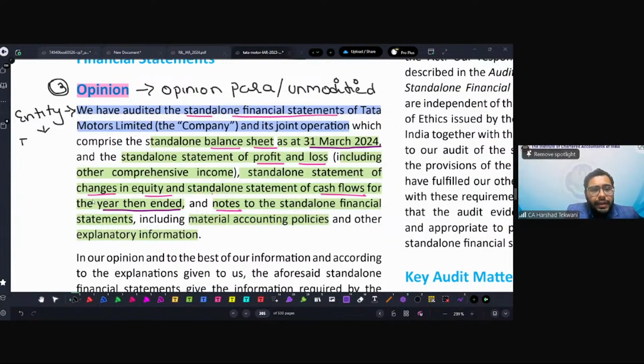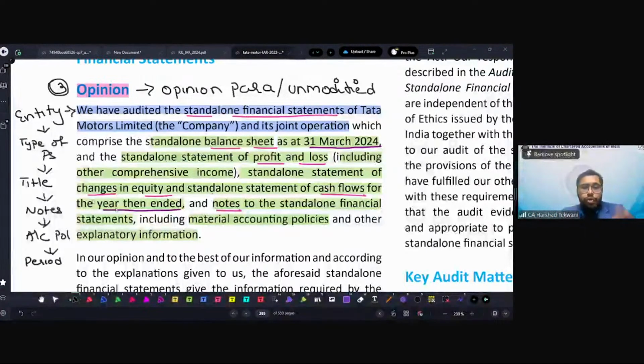Entity, then type of FS, then your title, then comes the notes, then comes accounting policy, then comes your period. Okay, so these are the things that you are required to mention in your first paragraph of your audit report, that is the opinion para.